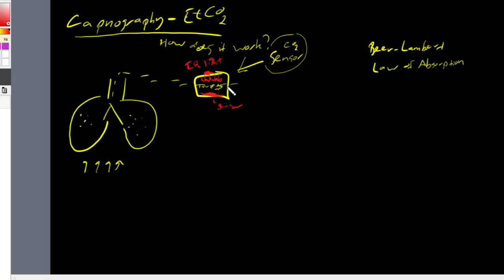If 4 photons of infrared light are emitted, and the carbon dioxide absorbs an amount of that light proportional to the amount of CO2 in here, then let's say 3 of these arrows get absorbed by the carbon dioxide, and you're left with 1 photon of infrared light.